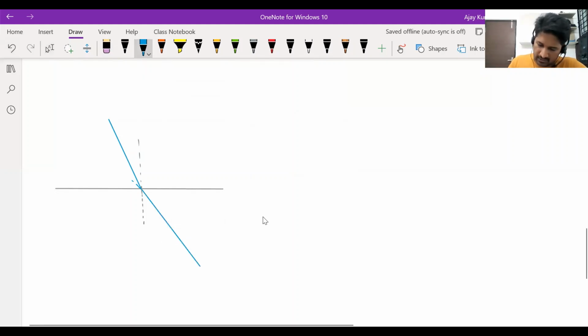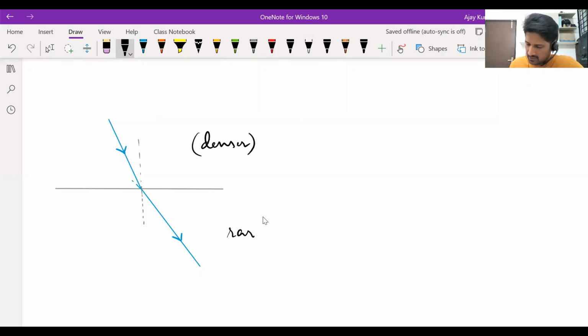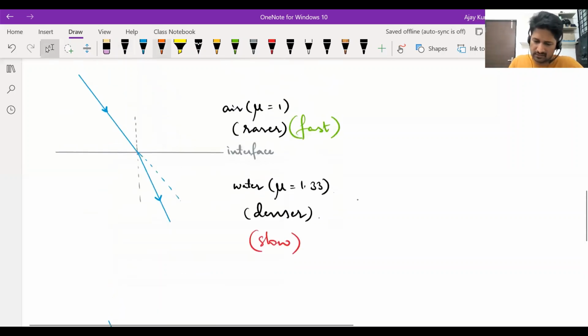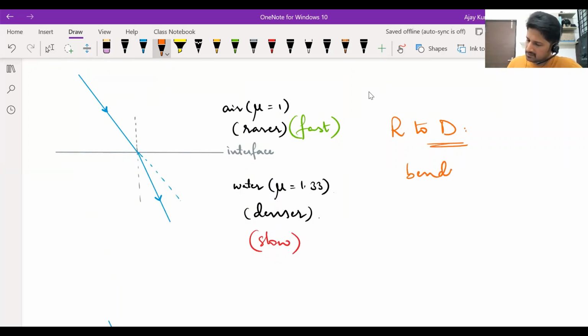Suppose this is the incident ray, then this will be the refracted ray when it enters from a denser medium to a rarer medium, like from water into air or something like that. So let me summarize that here. This is easy only actually. Rarer to denser, the light ray bends towards the normal.